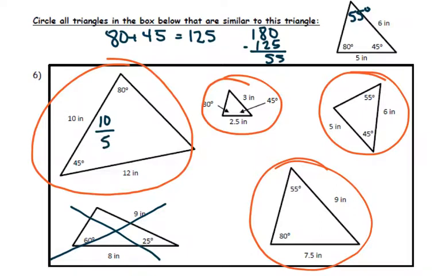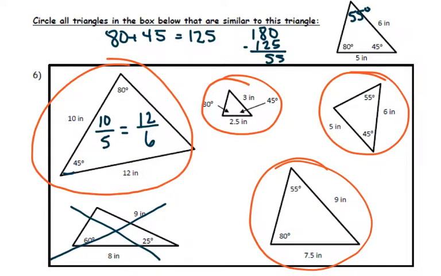So it's 10 to 5, and that should equal the other side that we're given. So the length between 45 and 55 here is 12, and the length between 45 and 55 up here is 6. So does 10 over 5 equal 12 over 6? They both simplify to 2, which means the sides are proportional.